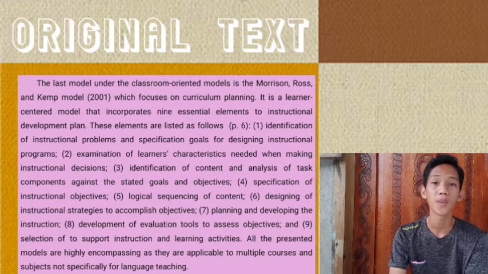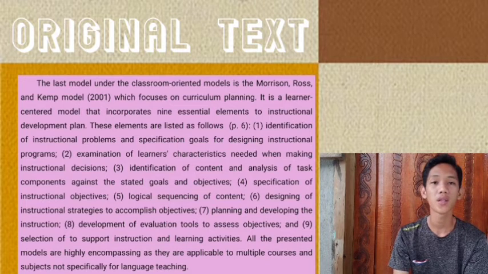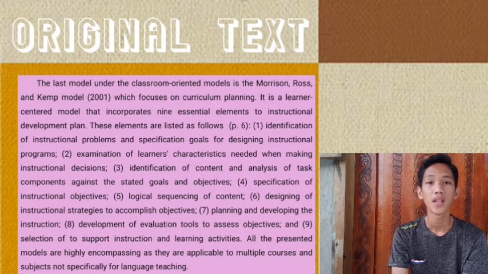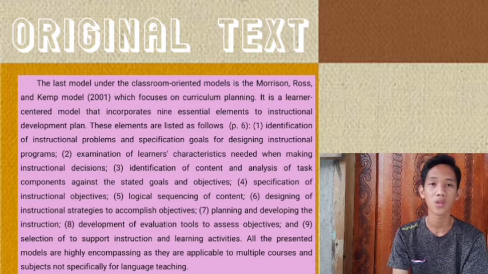Number 2, examination of learners' characteristics needed when making instructional decisions. Number 3, identification of content and analysis of task components against the stated goals and objectives. Number 4, specification of instructional objectives.